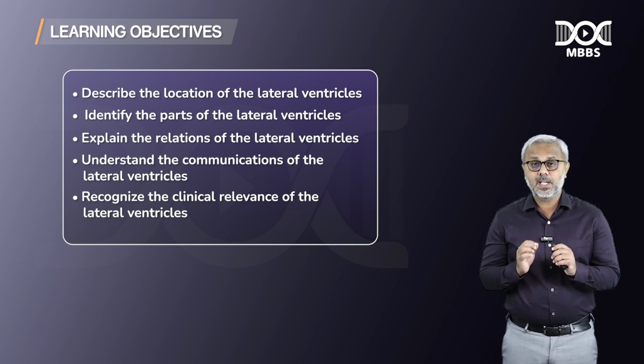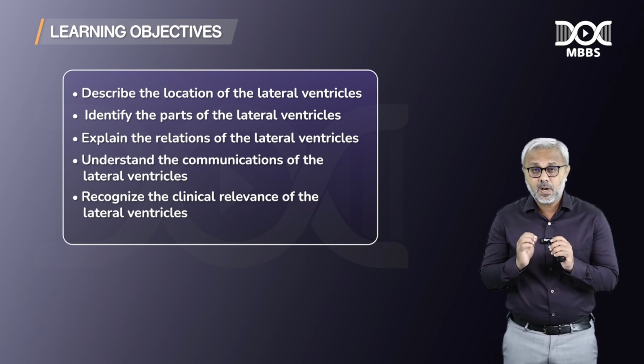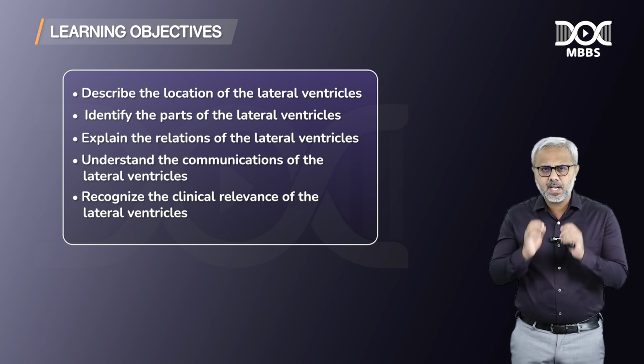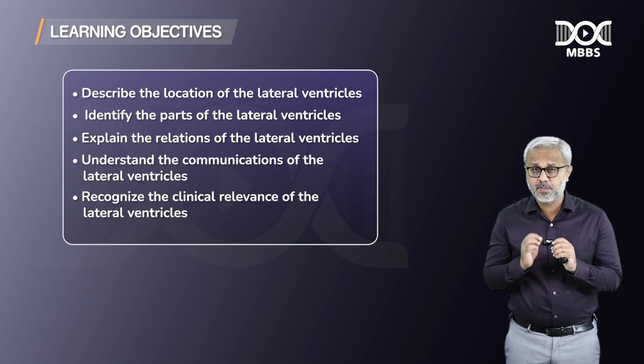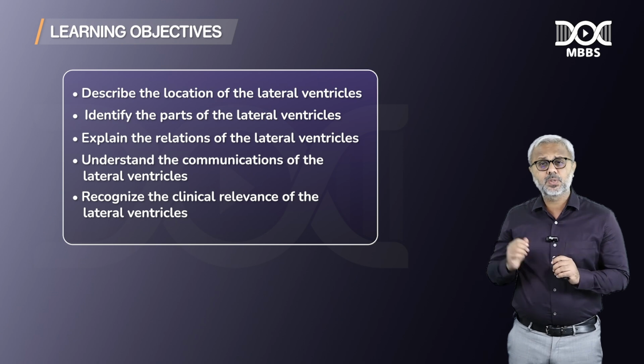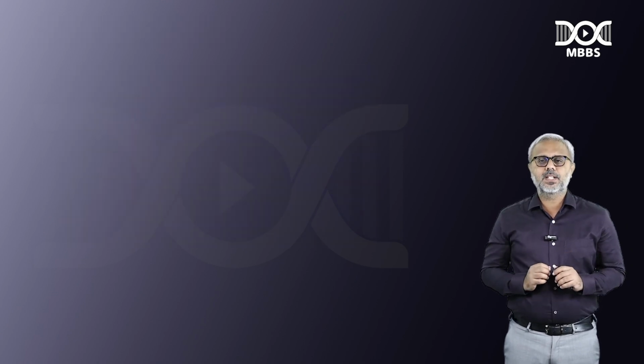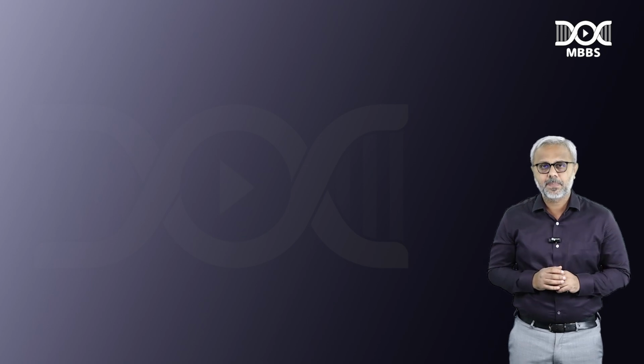Lateral ventricle could be an important 10 marker or a 5 marker question, and it is a very important topic for your entrance exam if you are writing, because a lot of MCQs are asked from this topic. Let's try to understand what exactly the lateral ventricle is first.